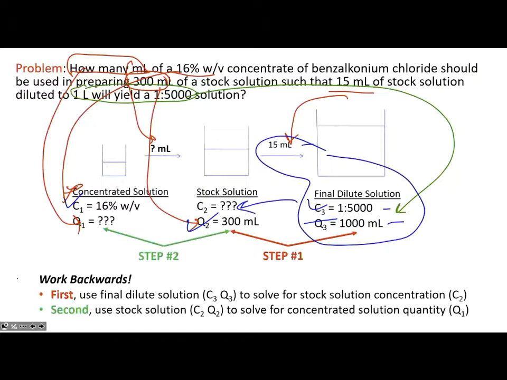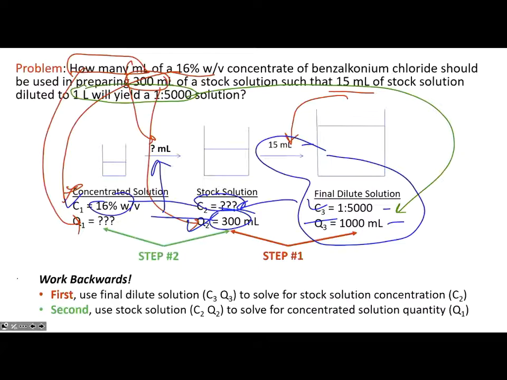Once I know the concentration of my stock solution, then I'll know its concentration, its volume, and this concentration, and I can use these three things to solve for this. That's what I mean by a double dilution. You start at your final product, use that information to calculate your stock solution, and once you know your stock solution, you can figure out how much to go back.